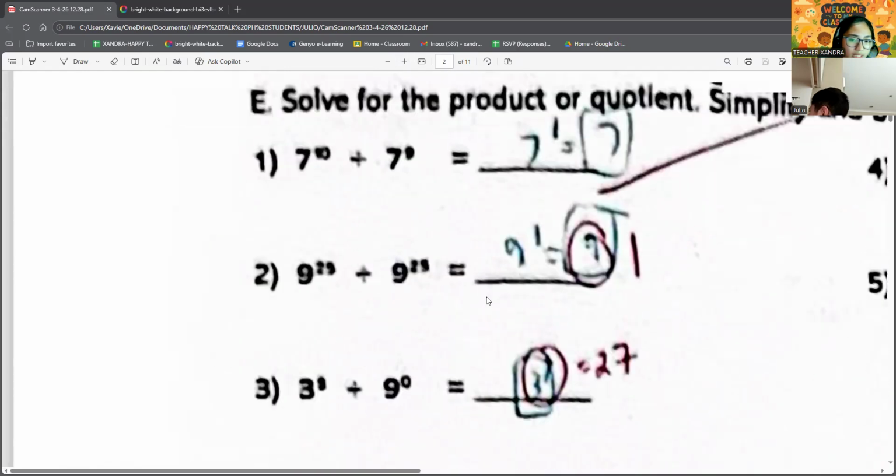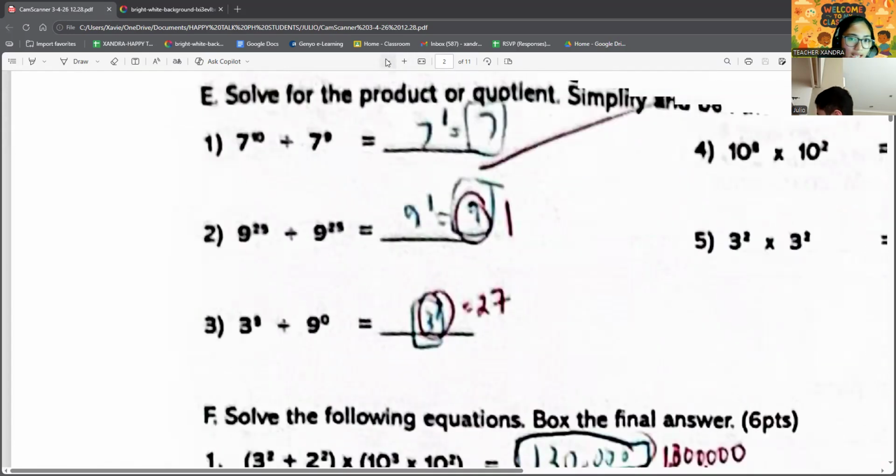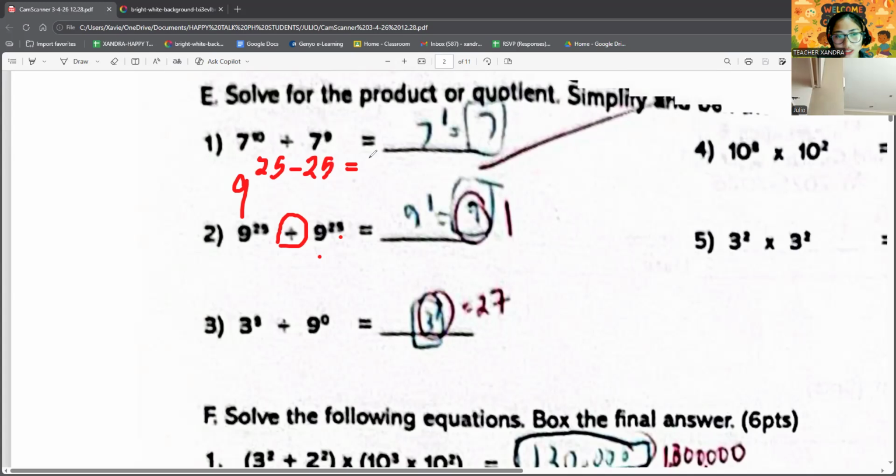Okay. Let's correct your mistake here. For number 2, this is 9 raised to 25 divided by 9 raised to 25. When dividing with the same base, you just have to subtract the exponents. So 9 raised to 25 minus 25, the answer is 0.